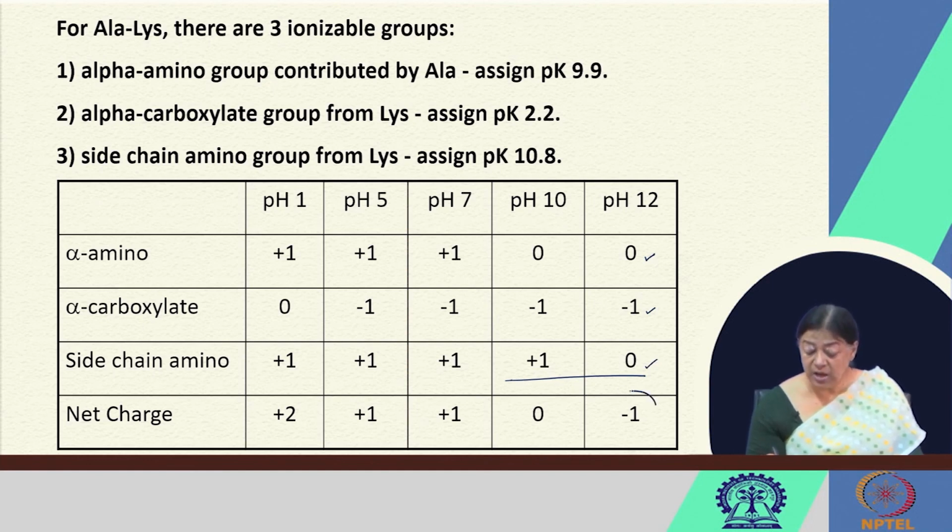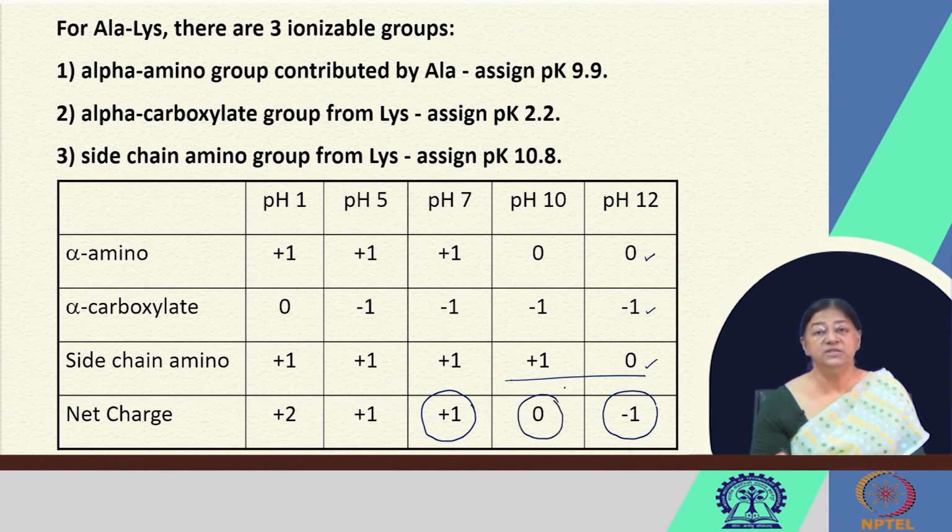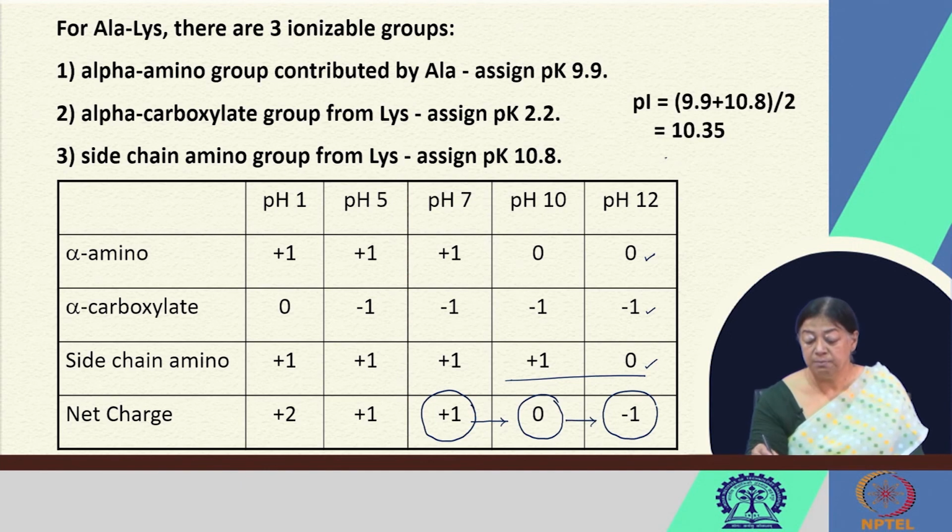So, the charge now is -1, this is +1 and this is 0. So, what are we interested in? We are interested to know which pK has caused this transition, and based on that we will find out what the pI of the dipeptide is.